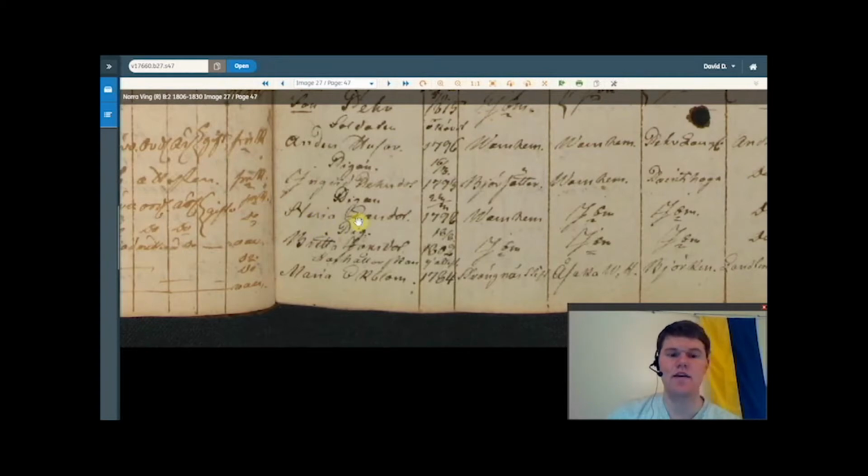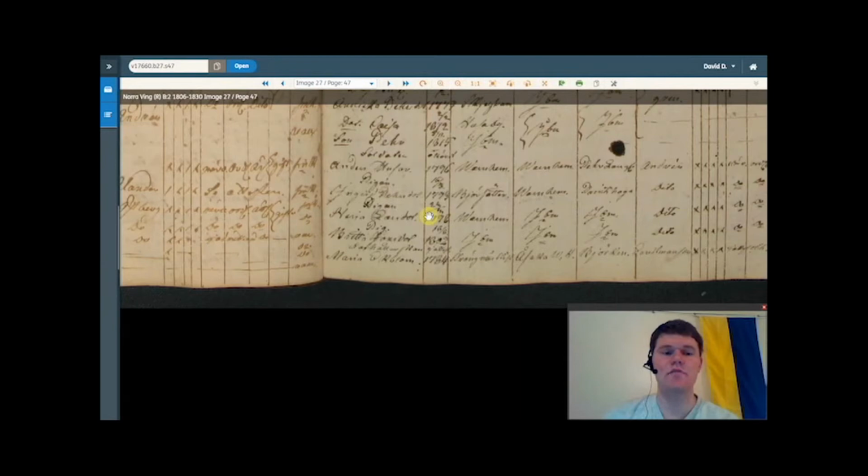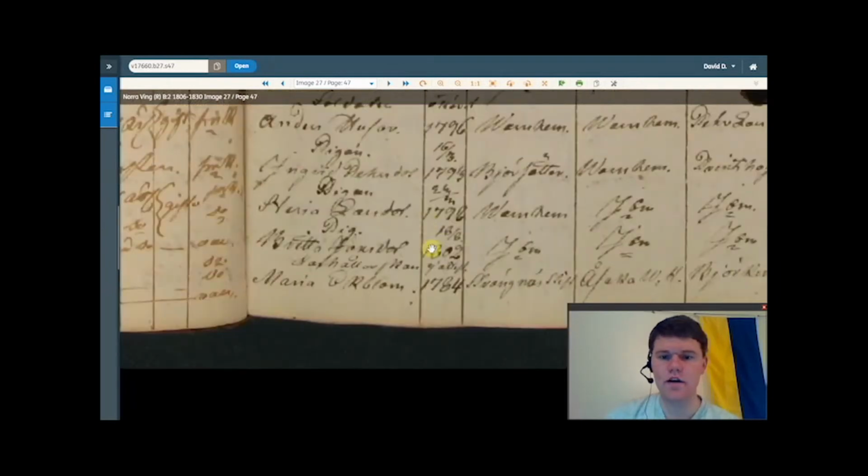This is an N, this is an A, this is an L, this is an S. Even this 8 right here is a little tricky, but if you look through these records, you'll eventually get to the point where you can identify how they do their handwriting, and it's not as hard. So here we have her, and she moved from this place named Varnhem. We already knew that. So perfect.